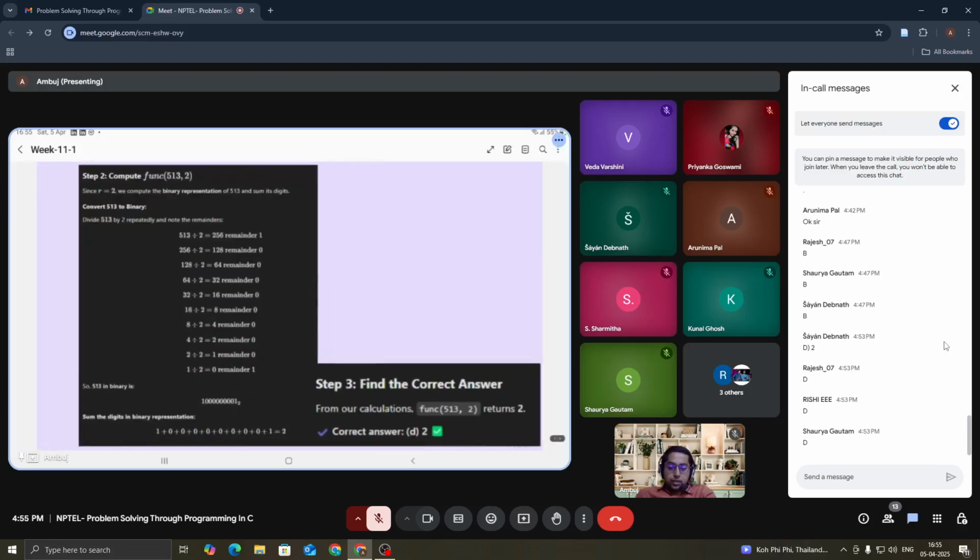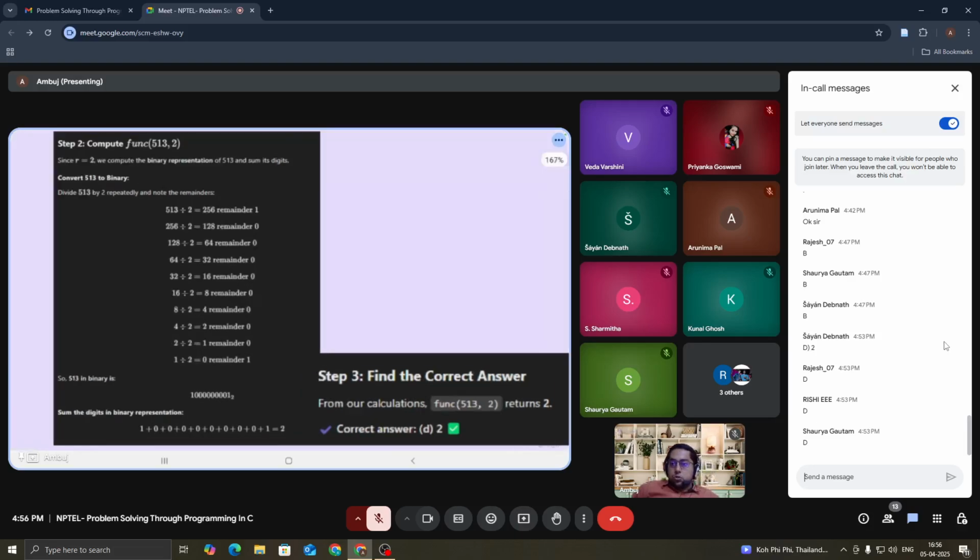When you see this, let's compute it with 513 comma 2. So 513 mod 2: 513 divided by 2 is 256, and you will get remainder 1. You get 256 point something, and that will be stored.